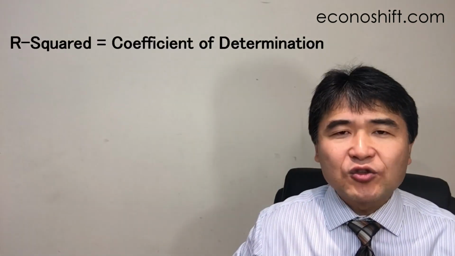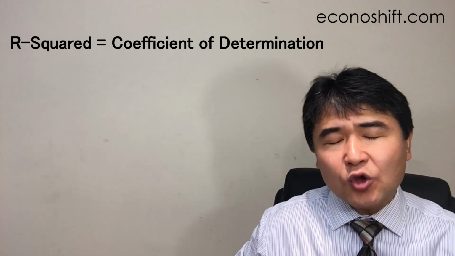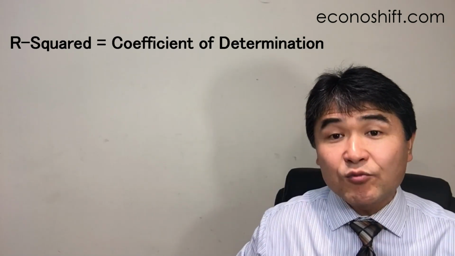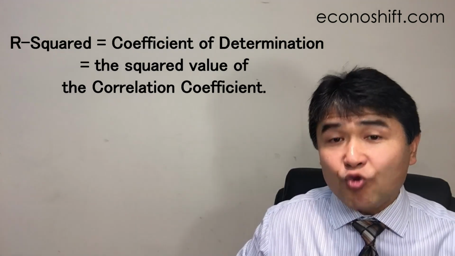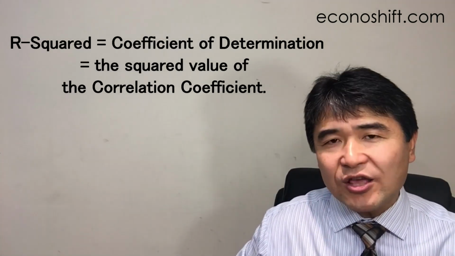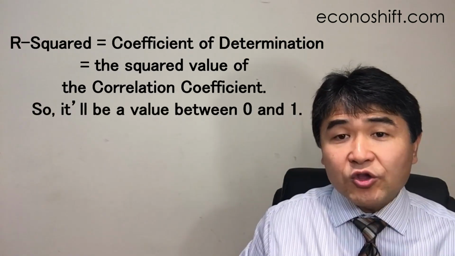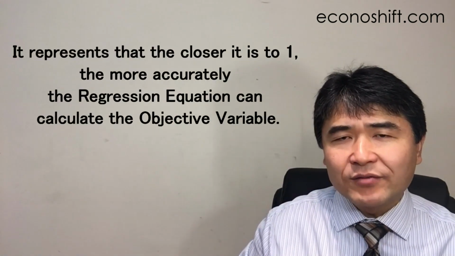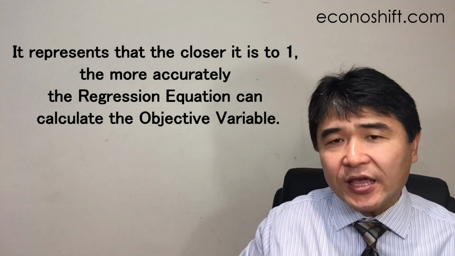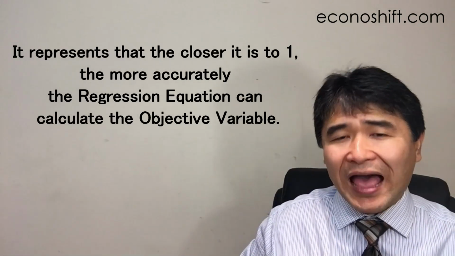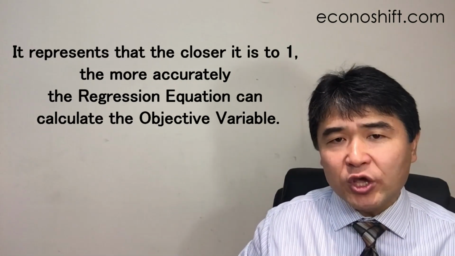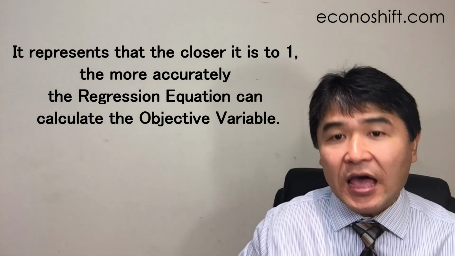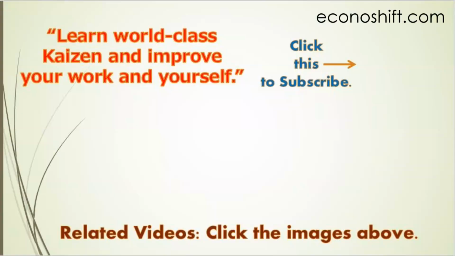The R-squared value and coefficient of determination are the same thing, and it's the squared value of the correlation coefficient. So it will be a value between 0 and 1. It represents that the closer it is to 1, the more accurately the regression equation can calculate the objective variable.